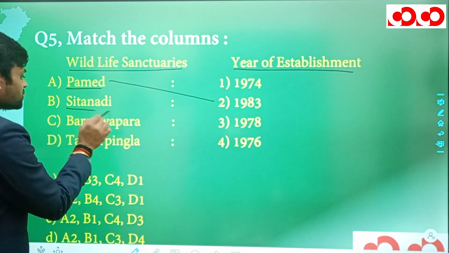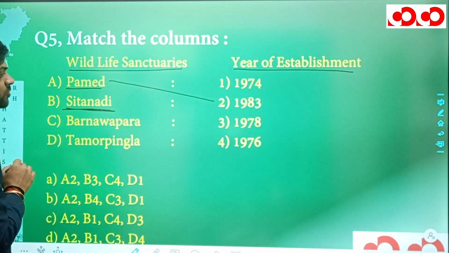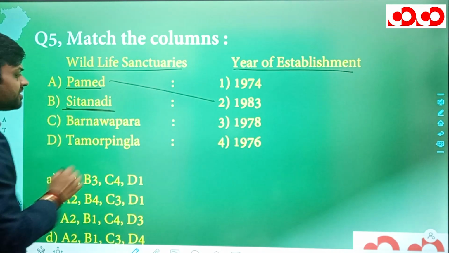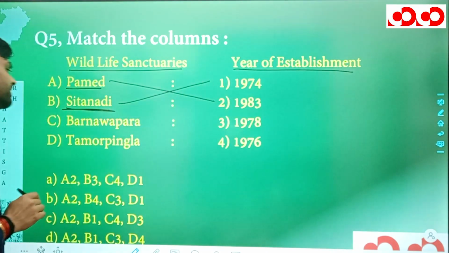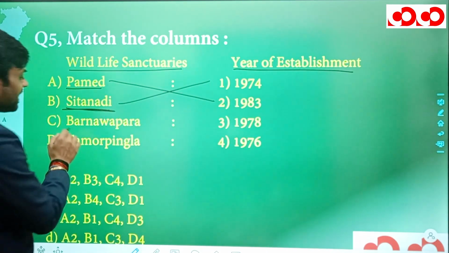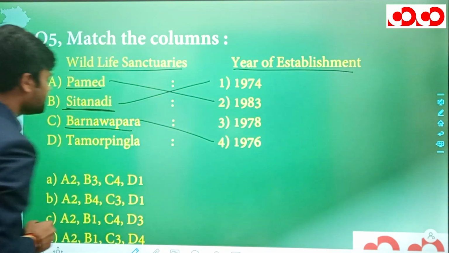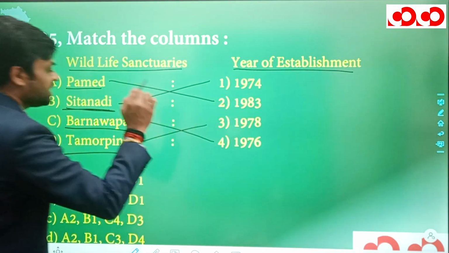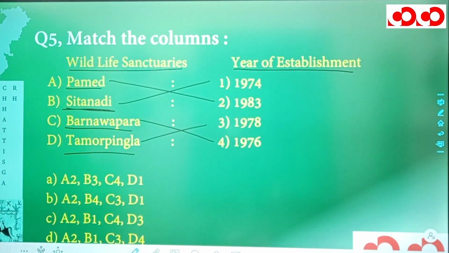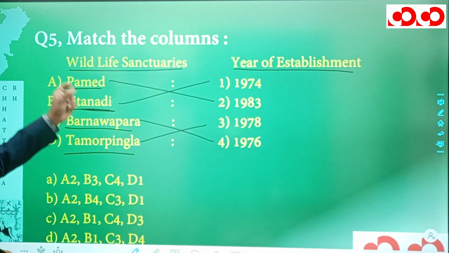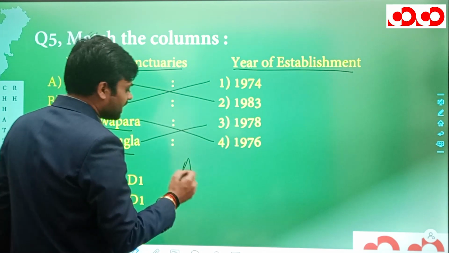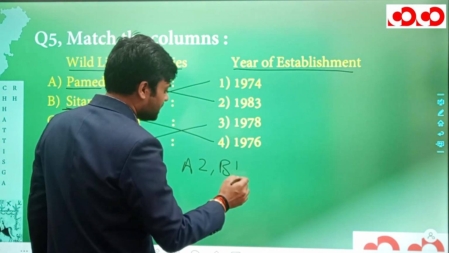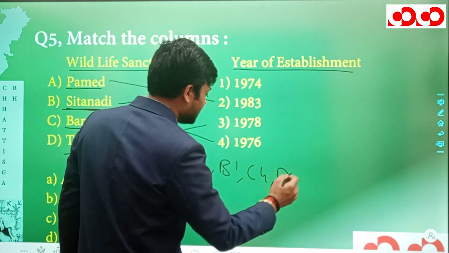Sita Nadi was actually the oldest wildlife sanctuary of Chhattisgarh in the Dhamtari district and in year 1974. Barnawapara was actually established in the year 1976, while this Tamor Pingla wildlife sanctuary was established in the year 1978. So when making the pairs, we know now that the pairs are A2, B1, C4 and D3.